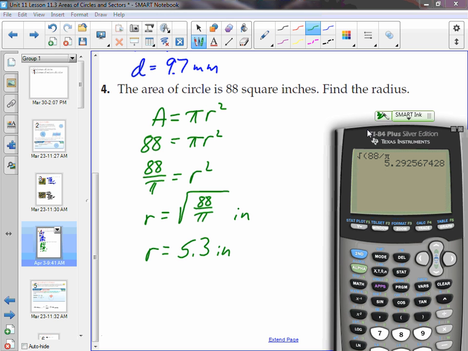Get what I got? Okay, everybody's able to come up with 5.3, and it's inches, isn't it?